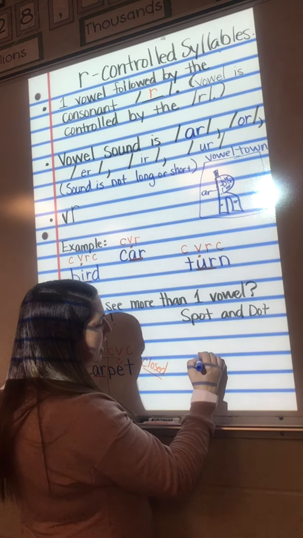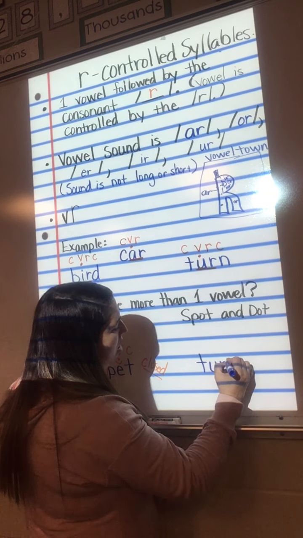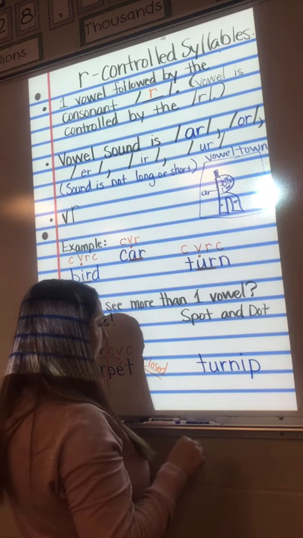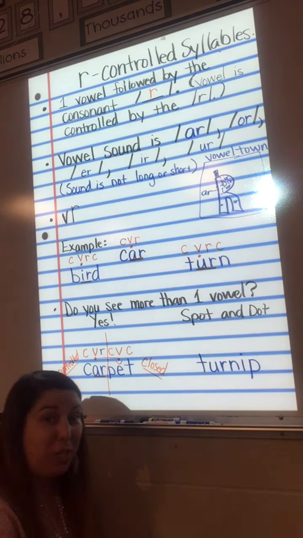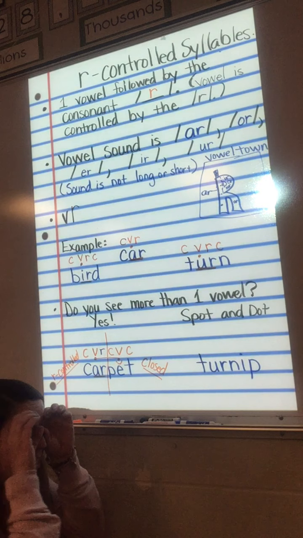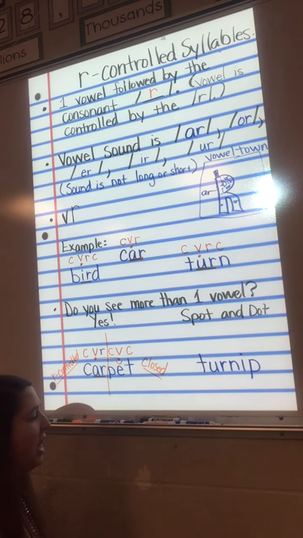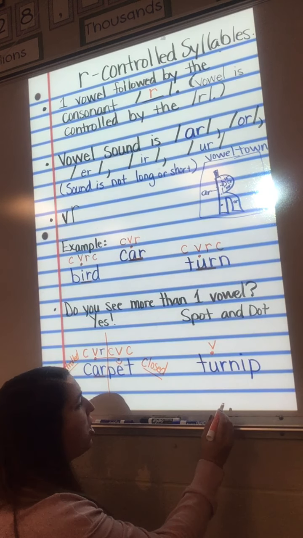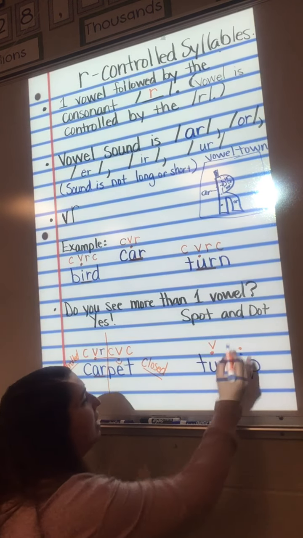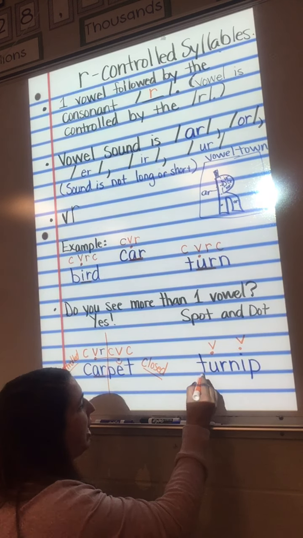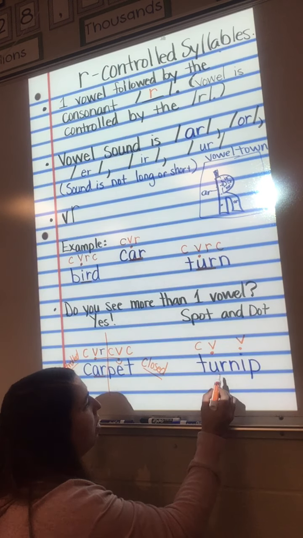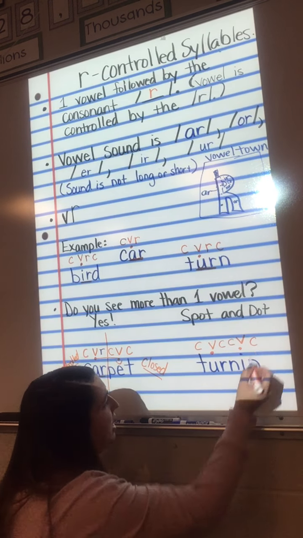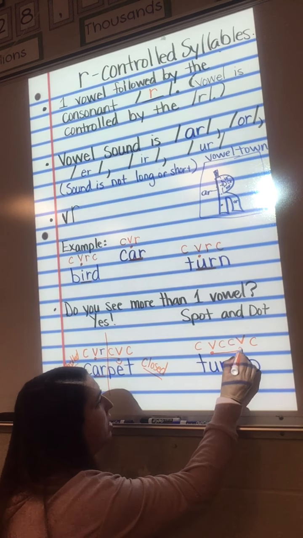All right, let's do one more example. My next example is T-U-R-N-I-P. All right, so do you see more than one vowel? Let's spot and dot. I definitely do. I notice that there's a U, and I also notice that there is an I, and those are my vowels. I know that T is a consonant, I know that R is a consonant, N is a consonant, and the P is a consonant. And I want to connect my vowels.